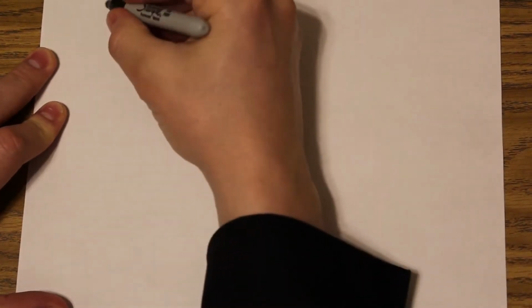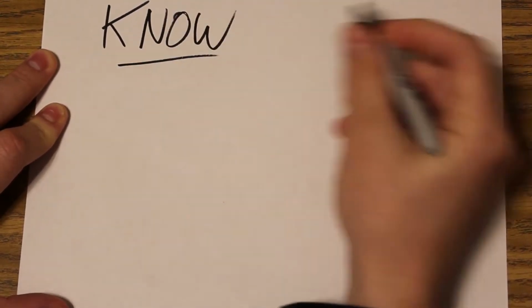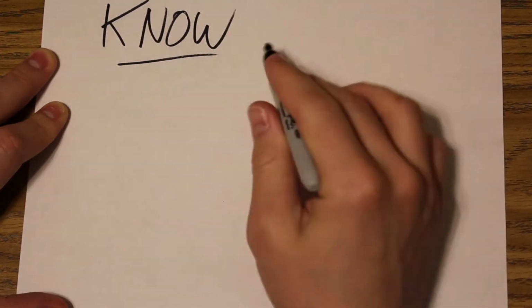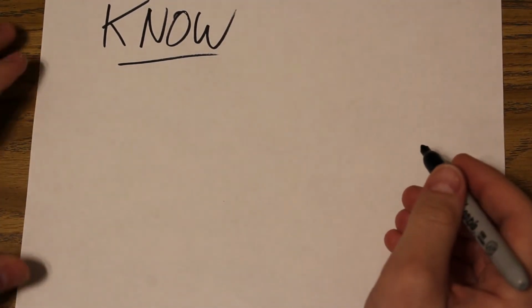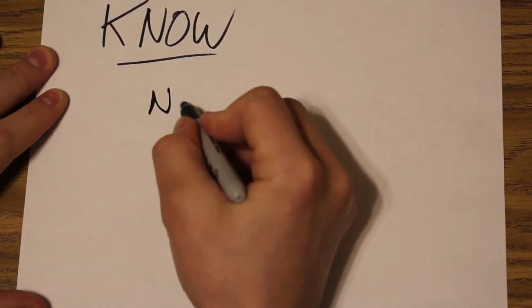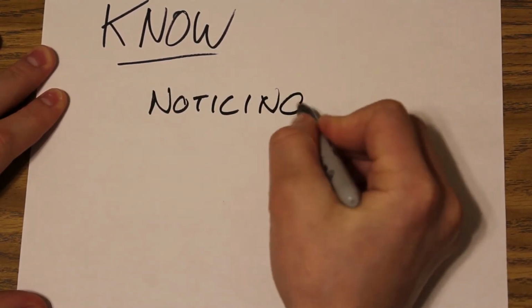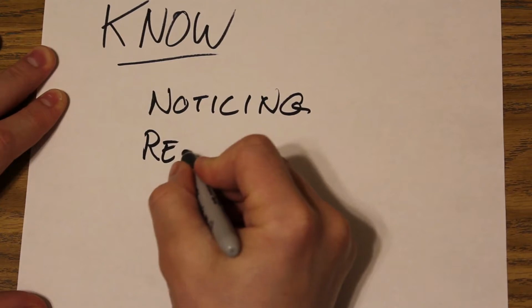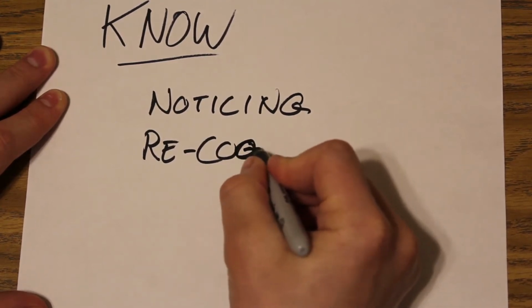things that we know. So you have the question of what can you know? What are all these things you can know? What can you learn? What is knowledge? Well, it starts with noticing something, whether that's seeing it or hearing it. You notice it and then you re-notice it.